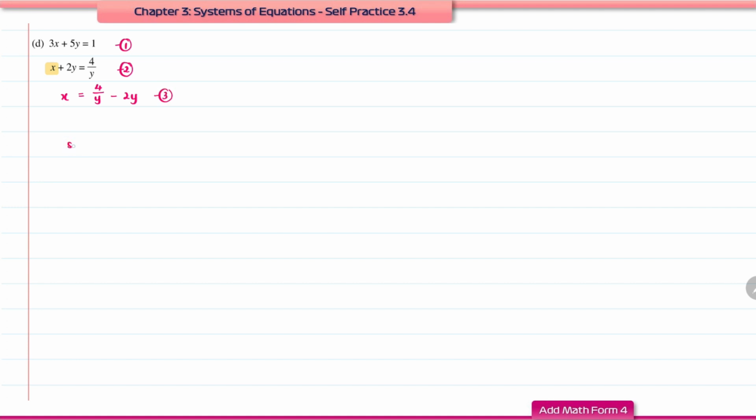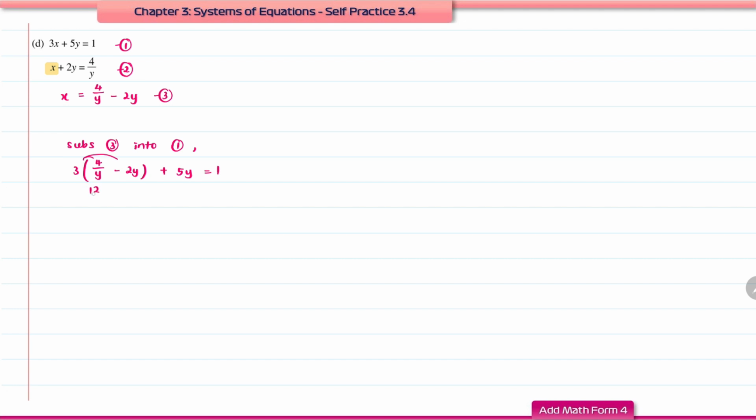So I'm going to substitute this equations 3 into the equations number 1. So I'm going to get 3 bracket 4 over y minus 2y plus 5y equal to 1. So I'm going to expand for this part.